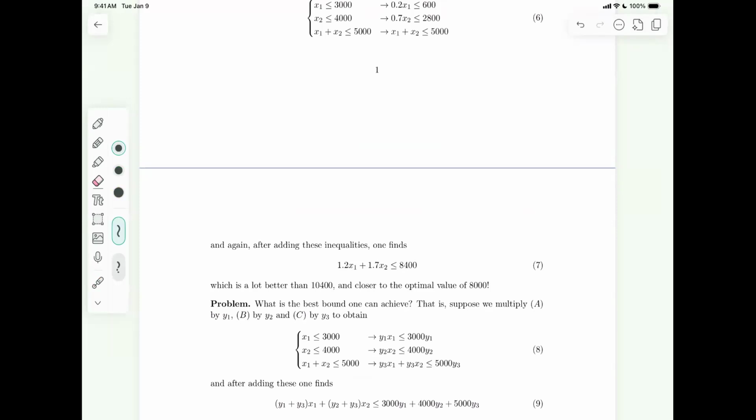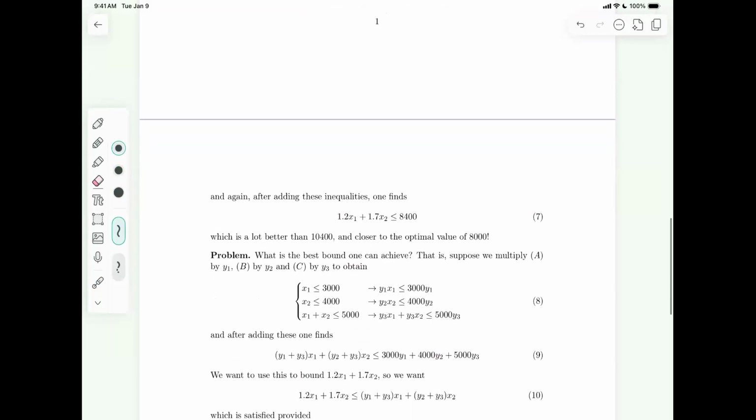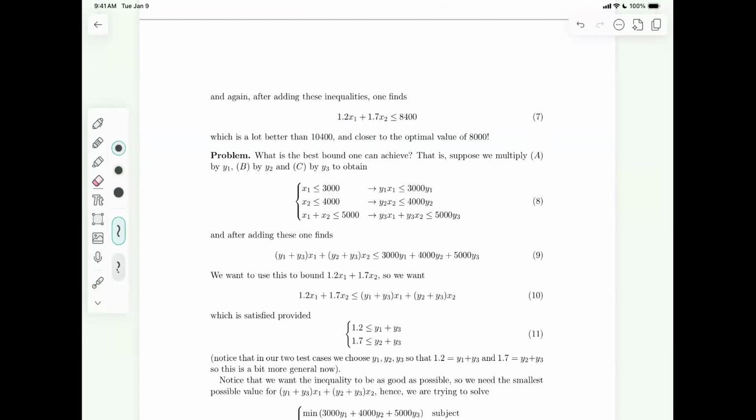So it's an interesting question whether you can just play with these inequalities to get 8,000, because we know that 8,000 is the magical number, since that's the max. So the game is, I don't know if anyone tried it: can I multiply the first inequality by a number?